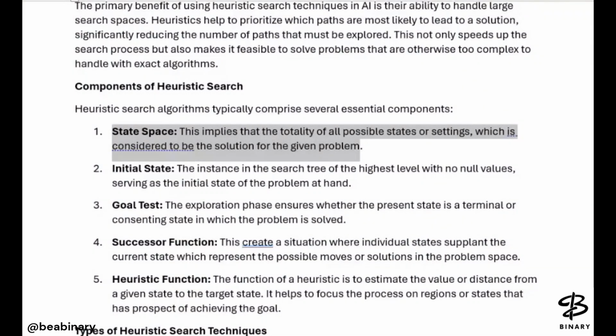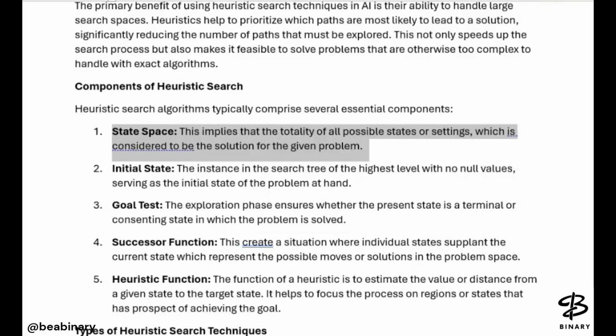As we have discussed in the state space search, there are three possible actions that can be performed according to the blank tile. So in that case, we are searching for a space where we can move a tile. So this implies the totality of all possible states or settings. What actions can be performed next? All possible states of a particular problem or the initial state, which is considered to be the solution for the given problem.